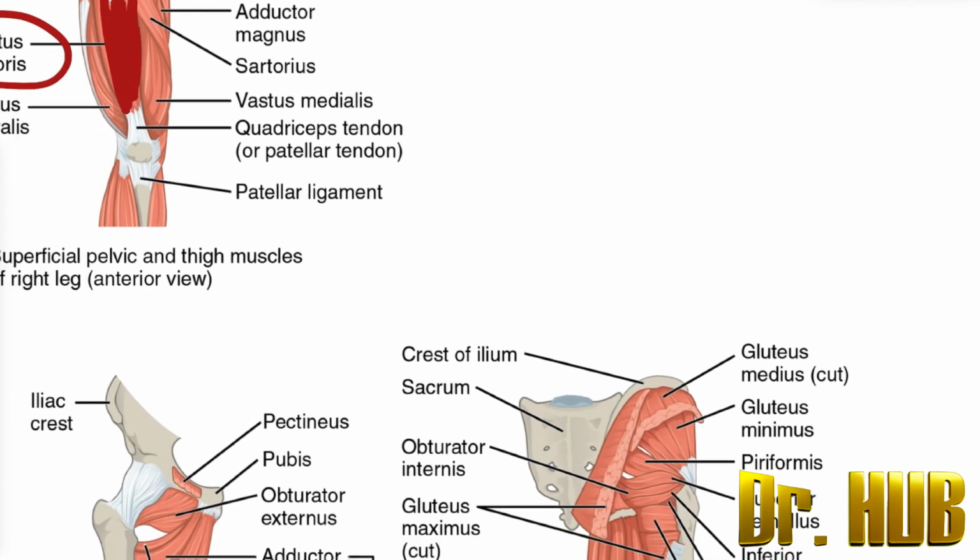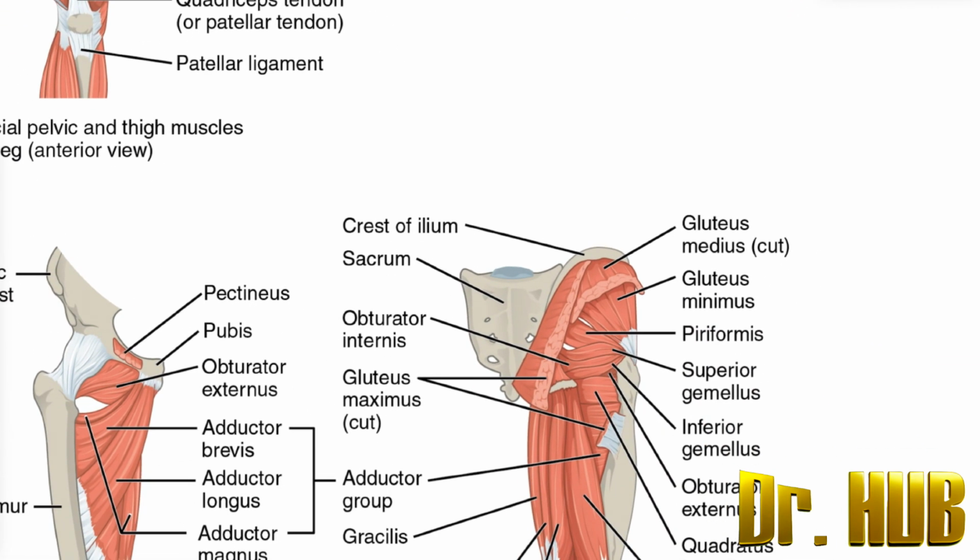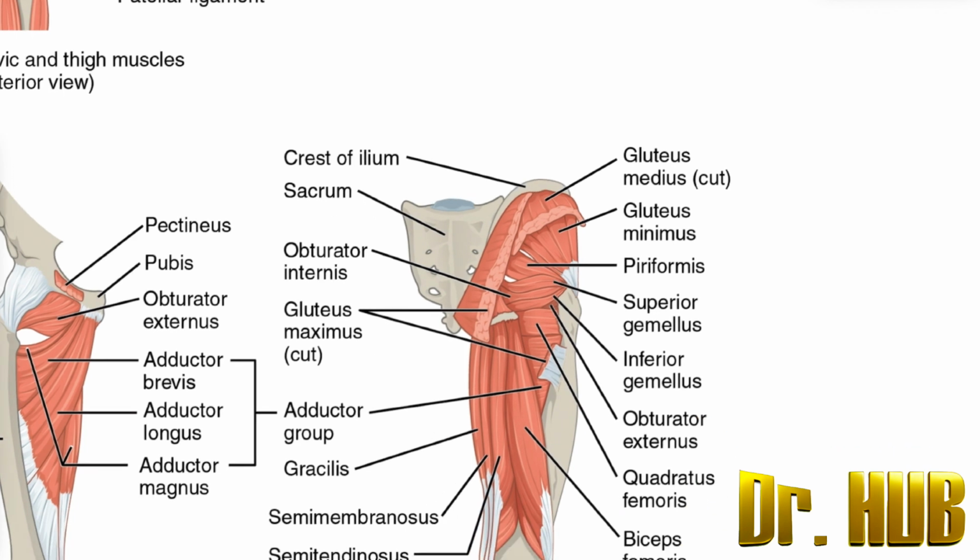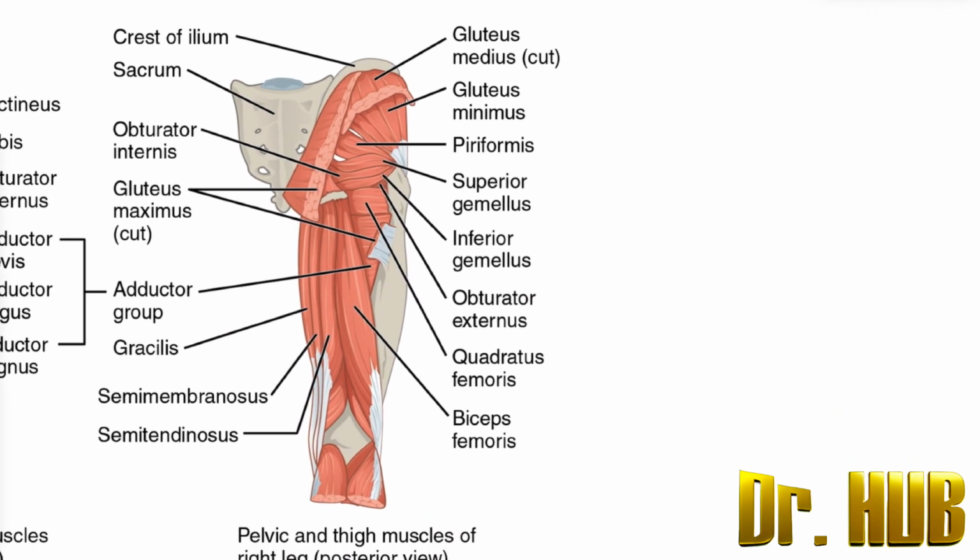So what are the muscles? We saw that in terms of extension, there is a gluteus maximus, then there was the biceps femoris.